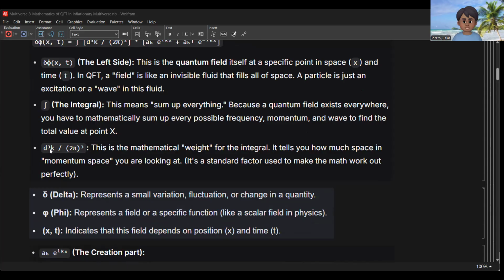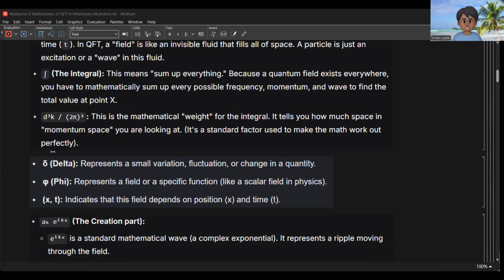It means integrate over all three momentum components. So our k refers to k sub x, k sub y, and k sub z. And we have the factor of 2 pi cubed here. It is a normalization factor used in a Fourier transform.